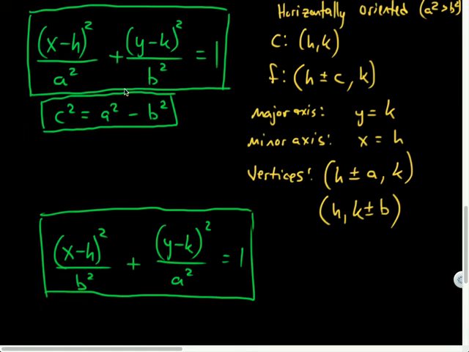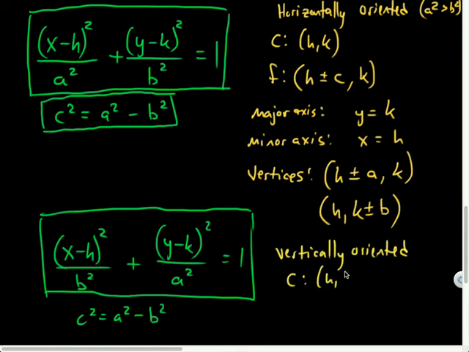And our little fake Pythagorean theorem thing is still true: c squared is equal to a squared minus b squared. So b is still the smaller one, and this one would be vertically oriented. The center is still h comma k.